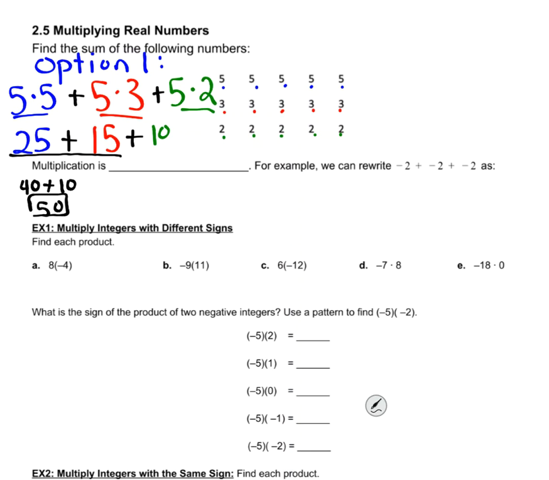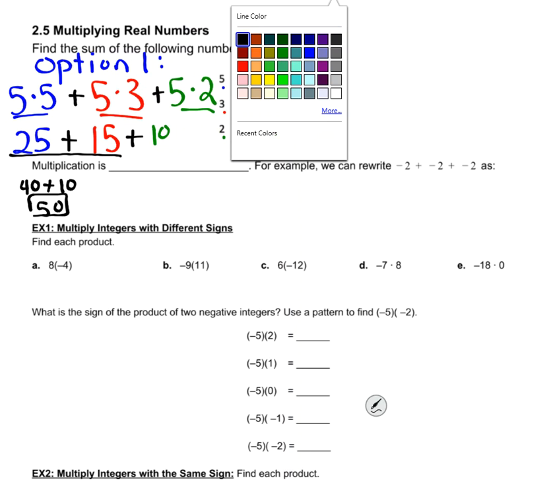So that's option 1. We looked at each of those rows and we saw how many of each number was in those rows, and then used multiplication in order to find that sum. Another way is we could have looked at the columns. So let's see.